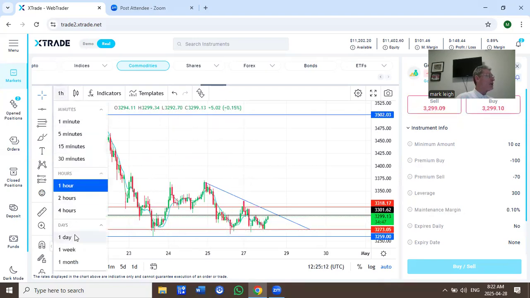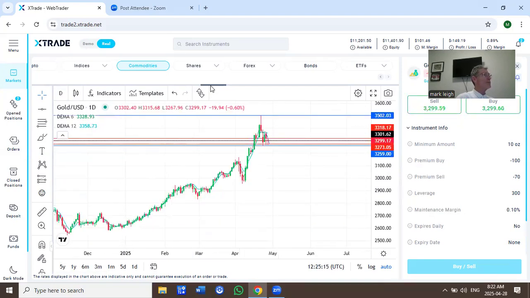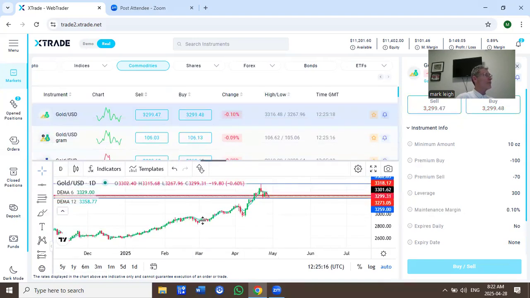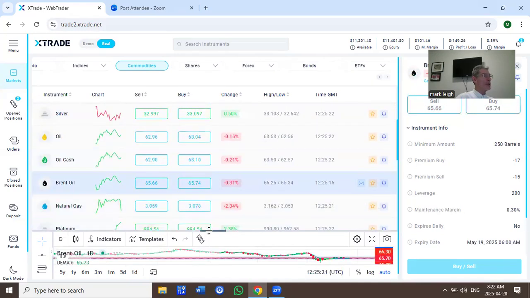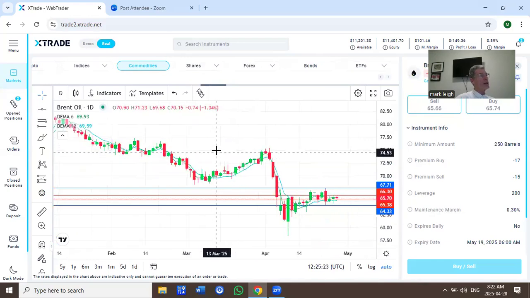Let's have a look at oil. I was looking earlier. Brent oil does look to still be flat.